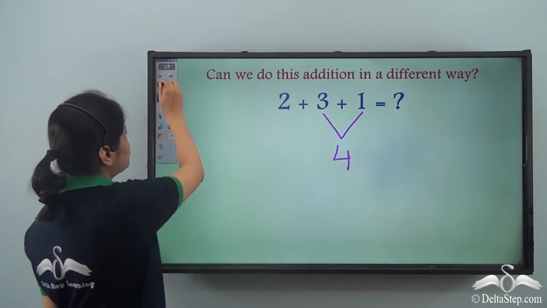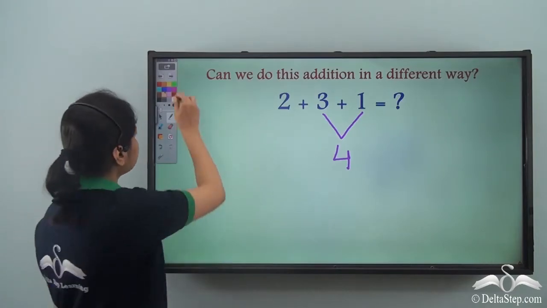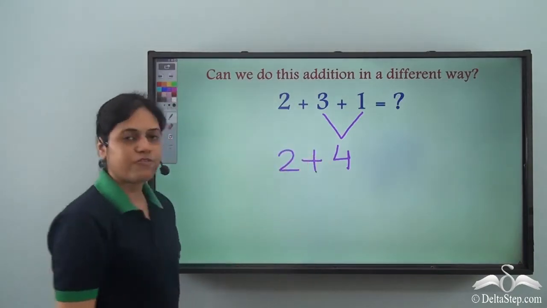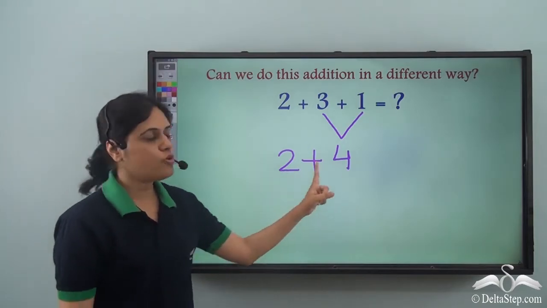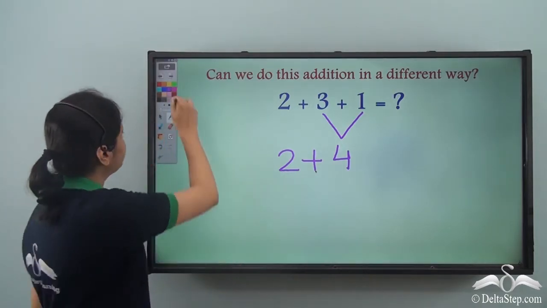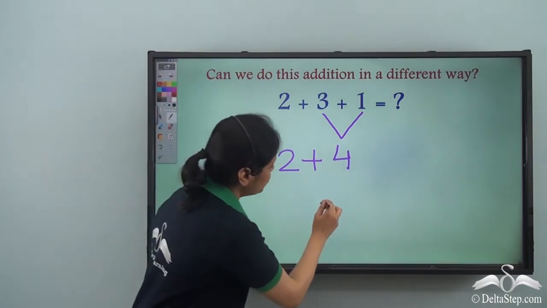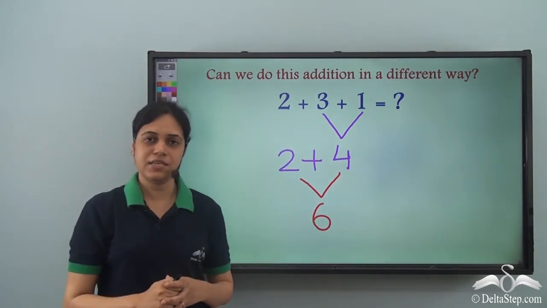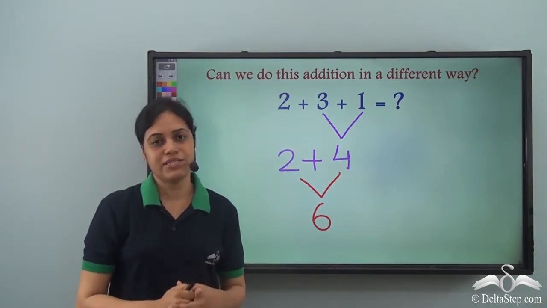So let me add 2 to it. So I have 2 plus 4. Now 2 plus 4 is 6. So we get 6 once again.